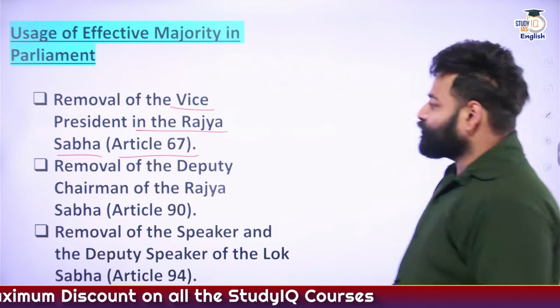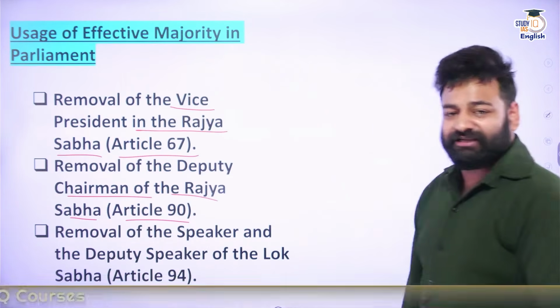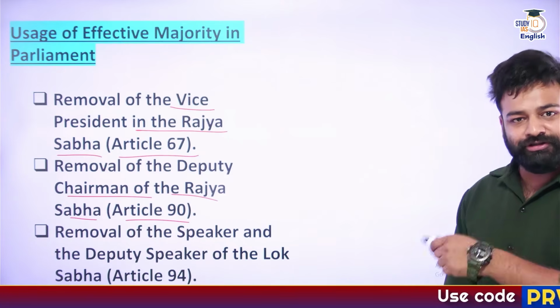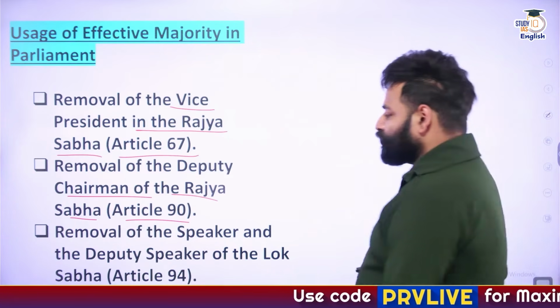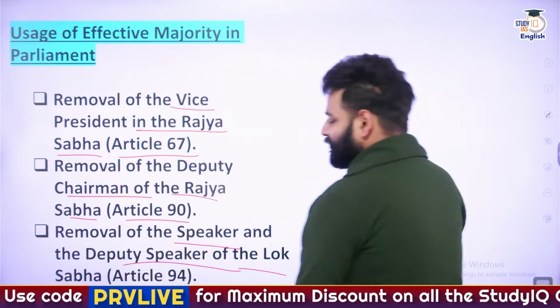Then removal of the deputy chairperson of the Rajya Sabha, under Article 90. Here also effective majority is used, and the same for removal of the speaker and deputy speaker of the Lok Sabha under Article 94.